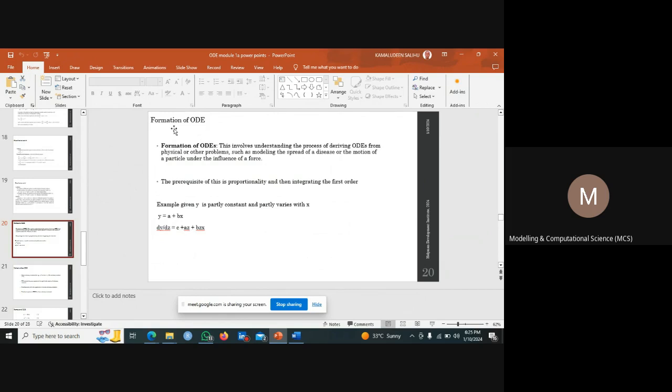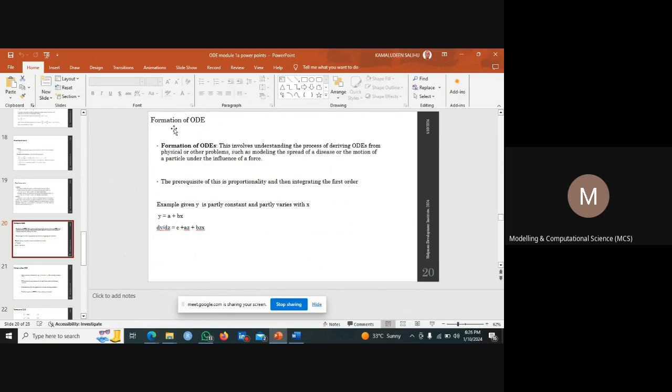That means we can have some equations which are not ordinary differential equations, but using some techniques we can form our own differential equation from them.